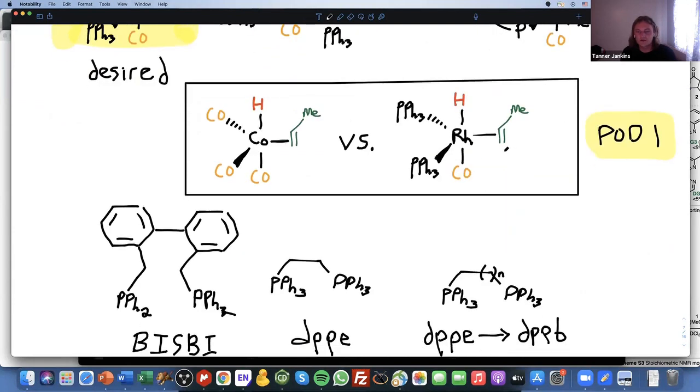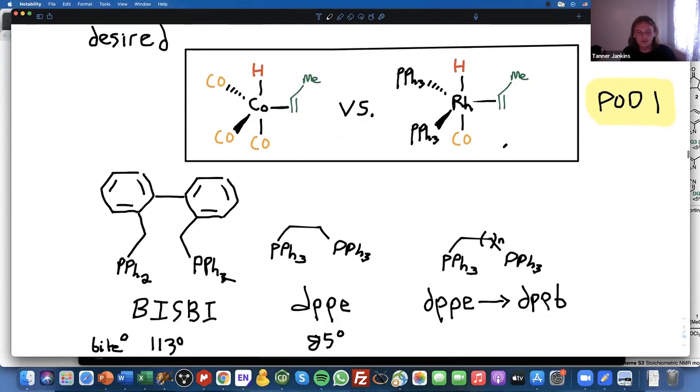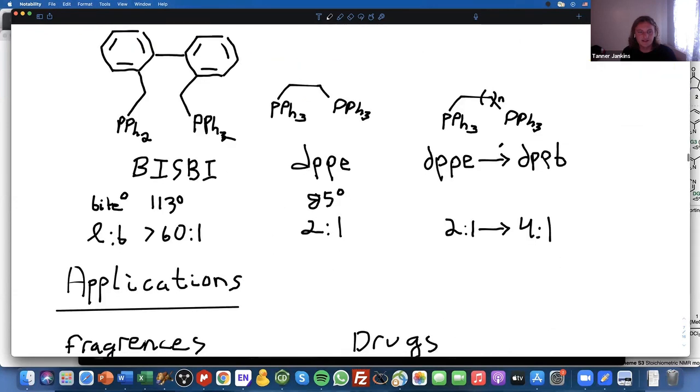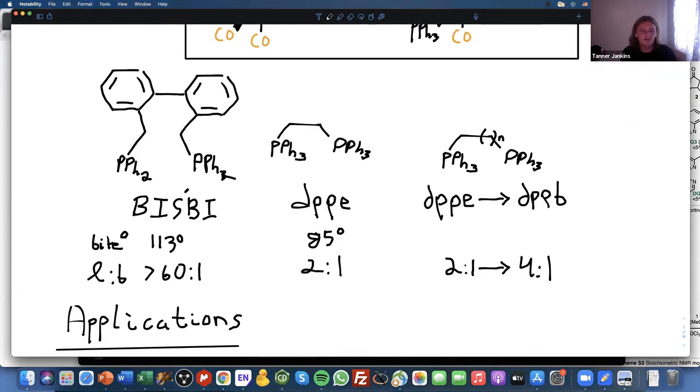And fortunately this worked out really well, and they were able to design these very wide bite angle bisphosphines, such as this one here, Bisbi, with a bite angle of 113 degrees, and this gives a whopping 66:1 linear to branched ratio, which was much greater than any of the previous triphenylphosphine systems.